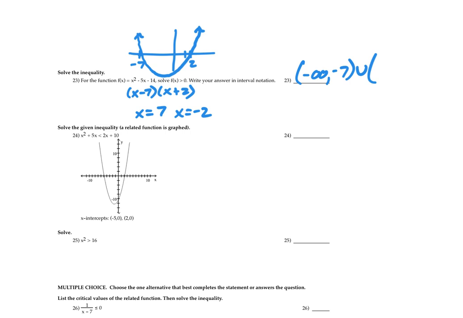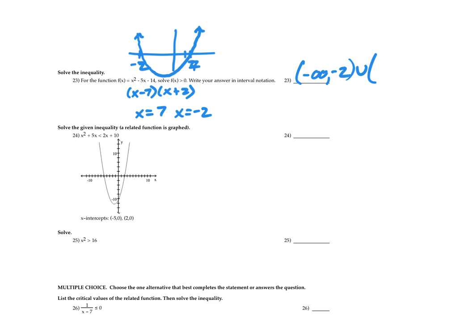And I'm going to start over again. Should be, I graphed it wrong, didn't I? Darn it. This should be, because it was x equals -2 and x equals +7. So that's my fault. So all the way up to -2.